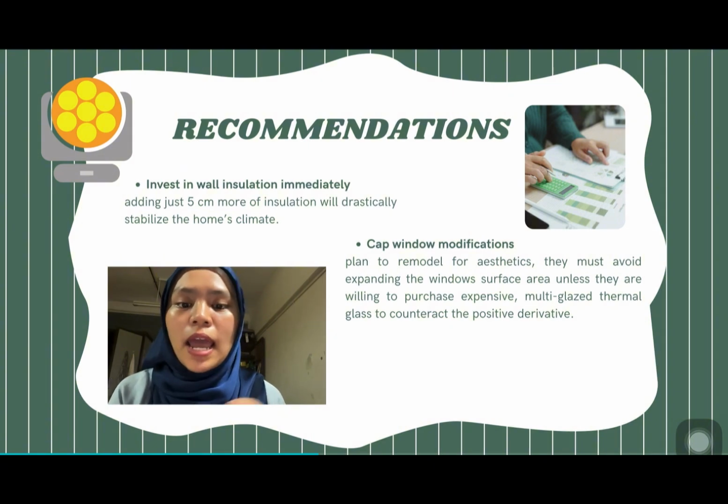The second recommendation is to cap window modifications. If the family plans to remodel for aesthetics, they must avoid expanding the window surface area unless they are willing to purchase expensive multi-glazed thermal glass to counteract the positive derivative. I think that is all for my part. Next, I will pass to the next session.